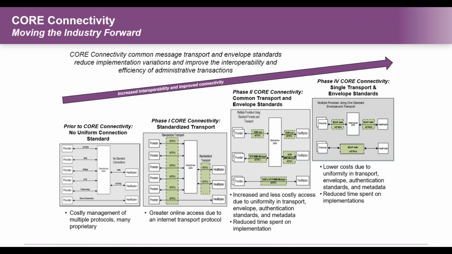Phase 4 connectivity rule, shown at the far right, further improves upon phase 2 by providing a single envelope method, that is SOAP and WSDL, and a single authentication method, that is X.509 over SSL. So by doing that, it is improving interoperability and security for the conduct of these administrative transactions.